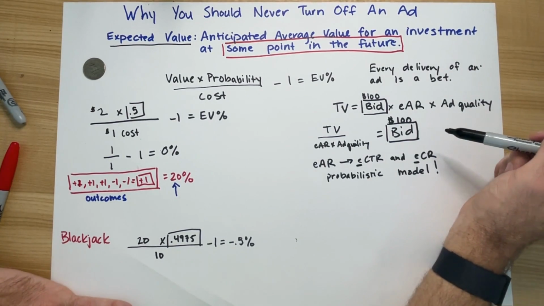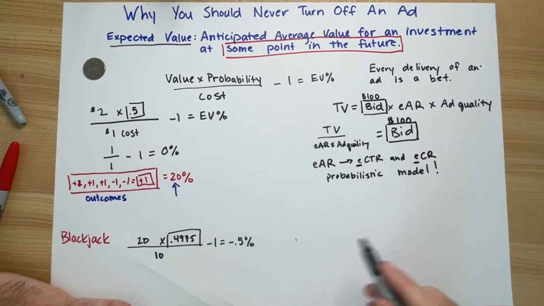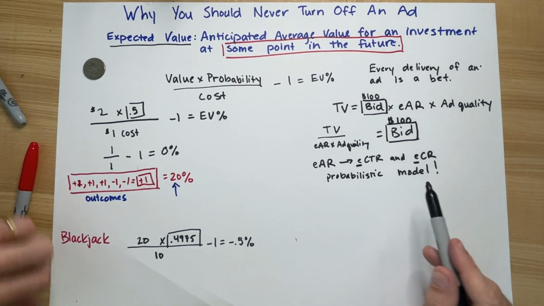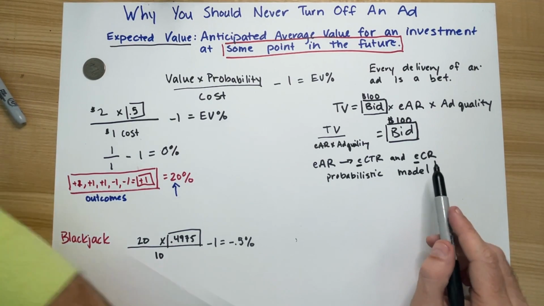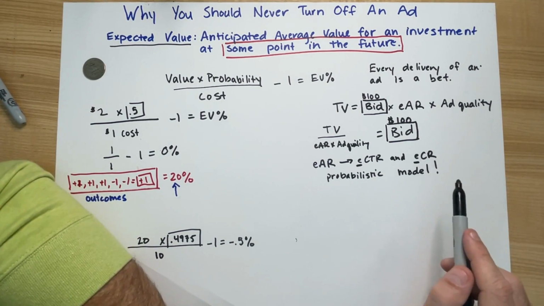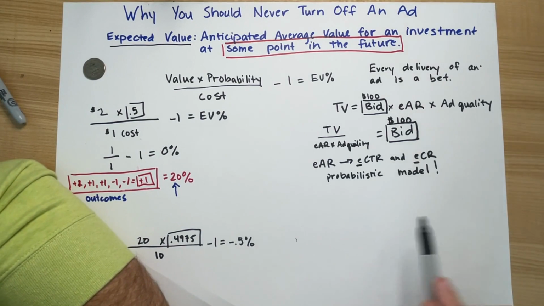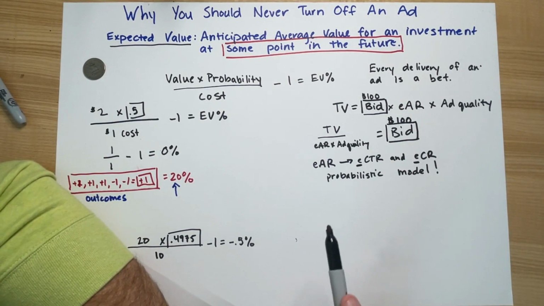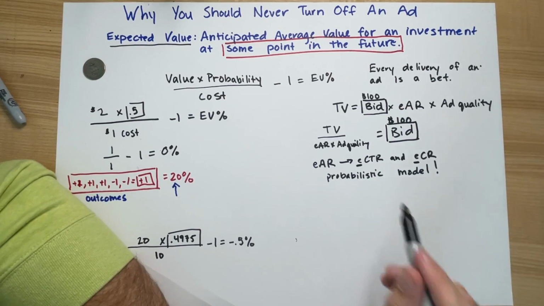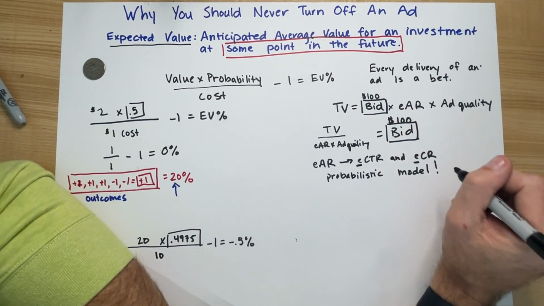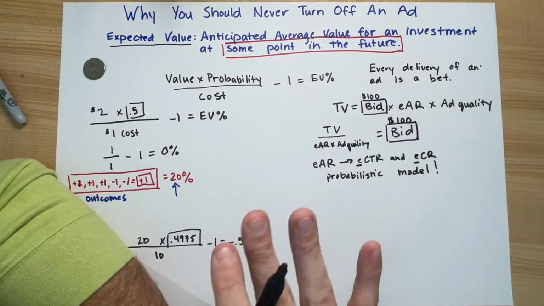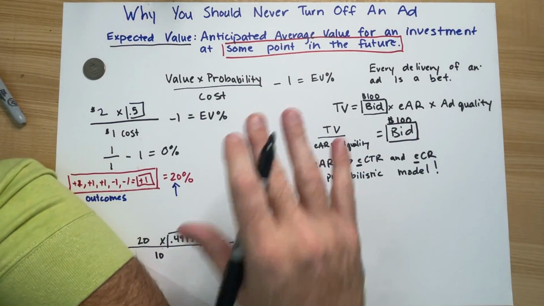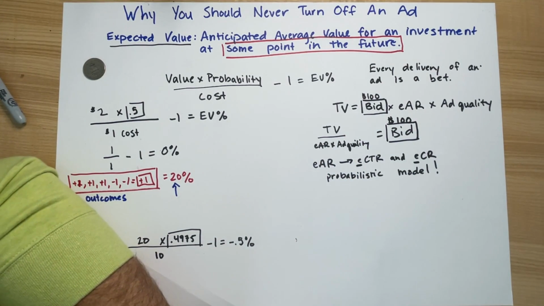Facebook is using a combination of your historical ad performance, your historical conversion rate, and the user's individual behavior and model for likelihood of purchase to create an ECTR and an ECR for every ad that you run at every moment of delivery. Okay.